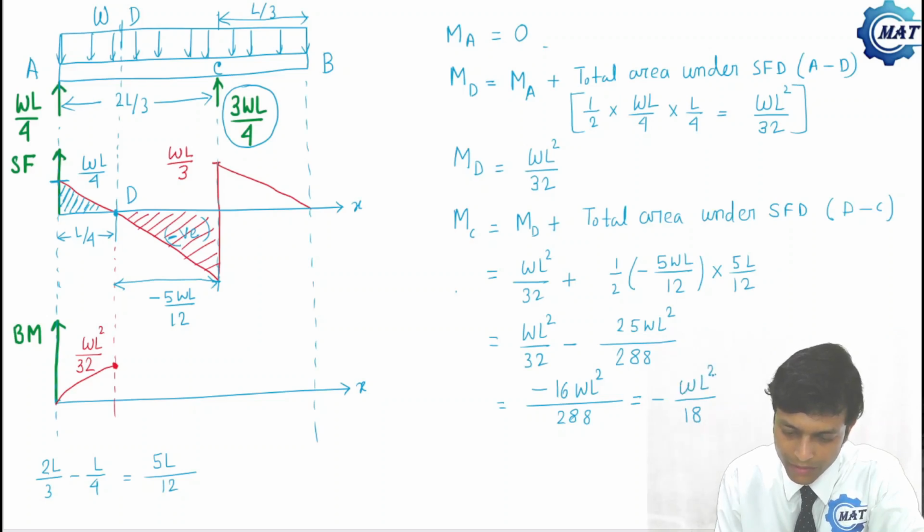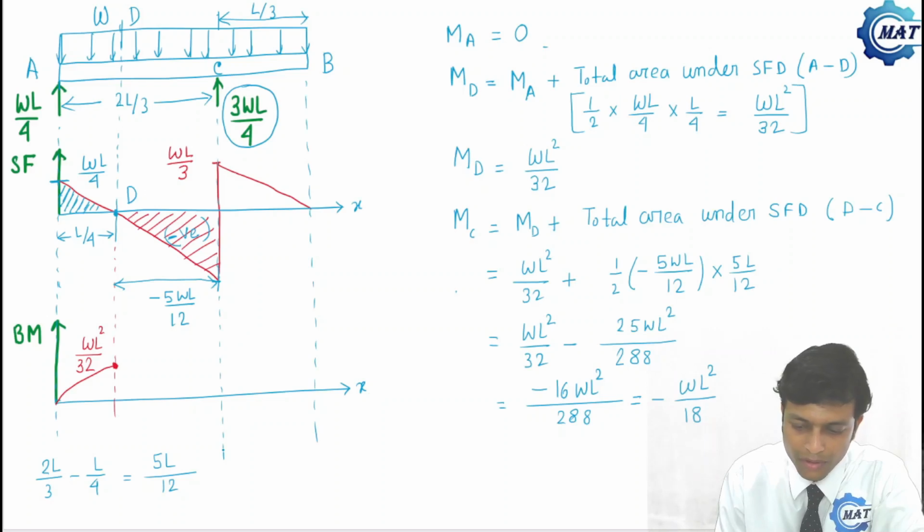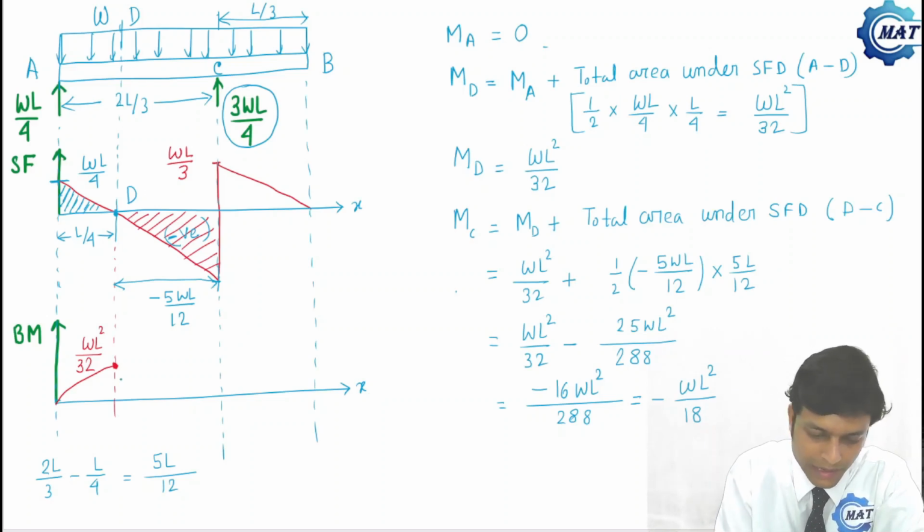WL square minus 18 WL square. So at C, the value of bending moment is minus WL square by 18.